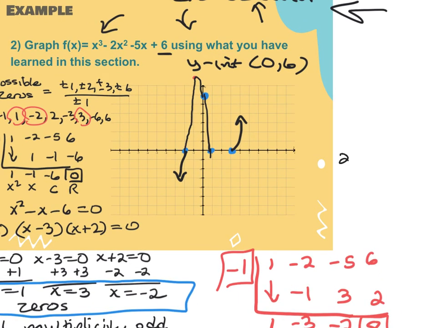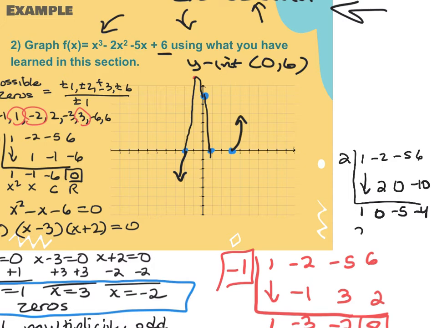So now I'm going to do synthetic with 2. 1, -2, -5, +6. Bring down, multiply, add the column, multiply, add the column, multiply, and I get -4. So my next ordered pair is 2, -4.